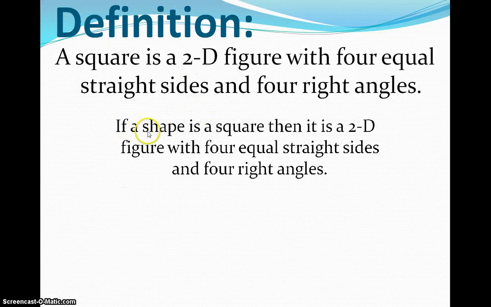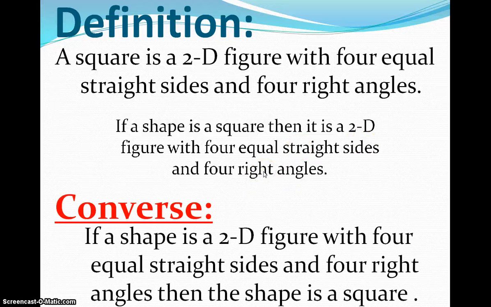Our hypothesis is if a shape is a square, then our conclusion is it's a two-dimensional figure with four equal straight sides and four right angles. Now I'm going to take those and flip them. So if this is my A, and the two-dimensional, straight sides, right angles is my B, I would flip it and say if a shape is a two-dimensional figure with four equal straight sides and four right angles, well then the shape is a square.